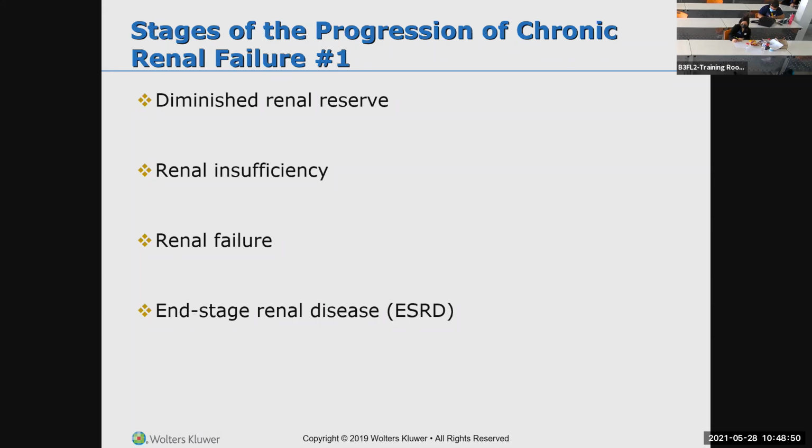Protein is restricted. Not only protein, they need to cut down their fluid also. Daily fluid requirement for me is almost 2000 ml. So a patient who is suffering from end-stage renal disease, the fluid volume needs to be restricted, almost 500 ml to 1 liter per day. That's very important.